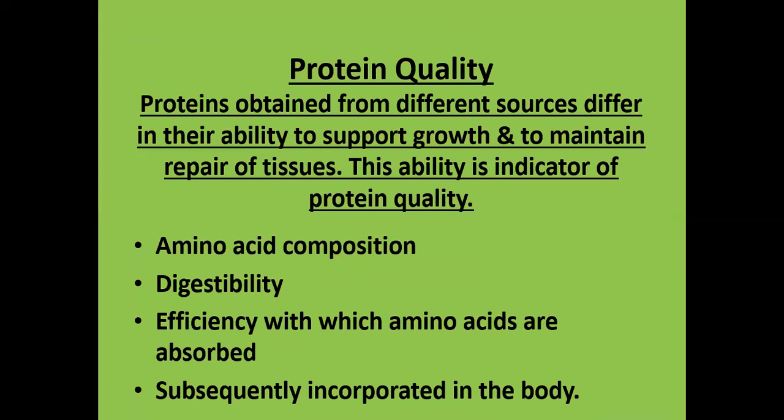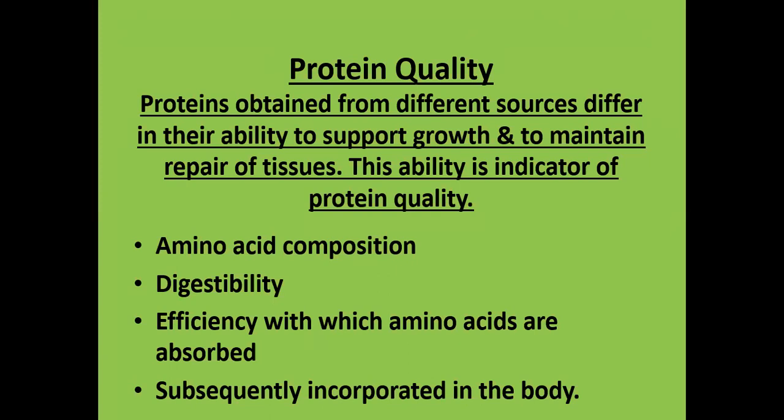So quality of the proteins depends upon the amino acid composition, whether they are rich in the essential amino acids or not. Then it depends upon the digestibility of the protein, that is, whether the protein taken in the diet is digested or not. Like bone proteins, collagens, they are not digested.